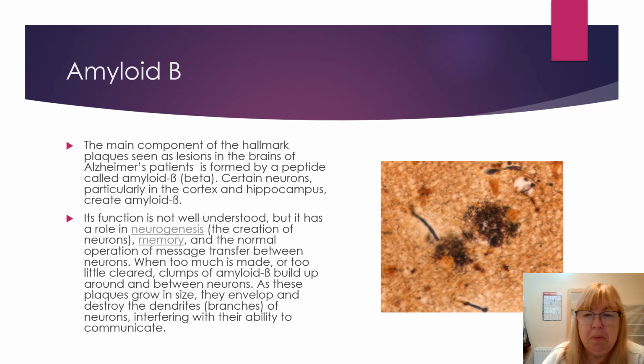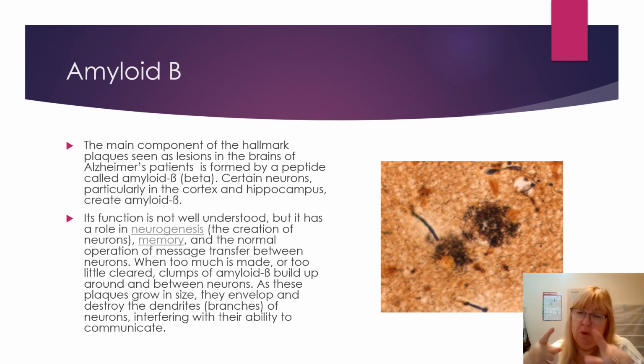Because it's part of a role in creating neurons. Again, it's a big issue for the memory for neurons, so for neurons remembering things. So it really interferes with messages, and it interferes with neurons communicating to each other.